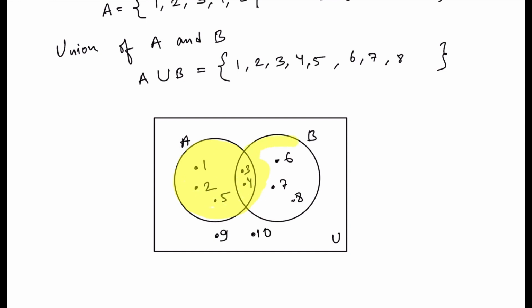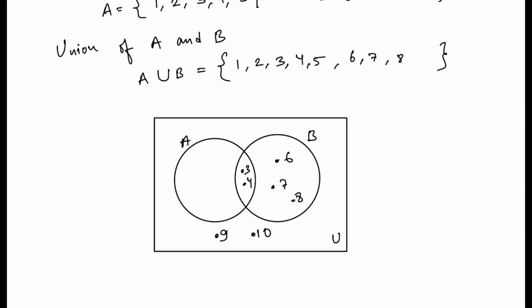Let me shade it. So this is the region for A union B. This is the complete region for A union B. Okay, so I can remove the elements and I can just simply shade that, because there can be any number of sets, we have to shade the region. We need only the region.